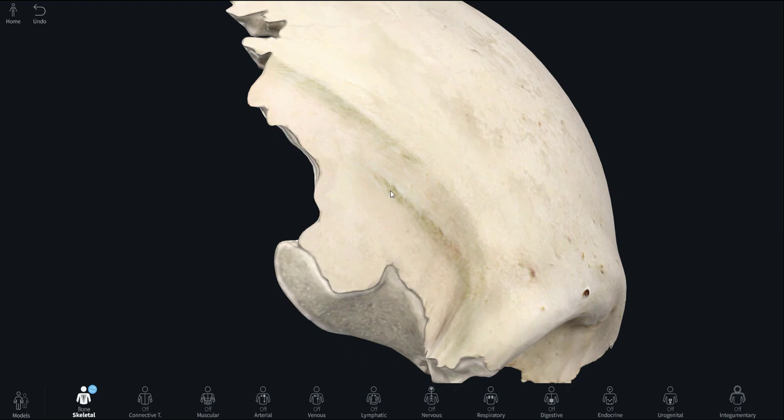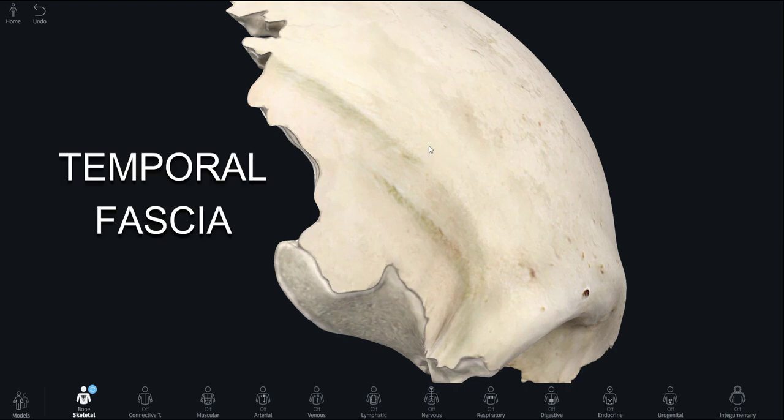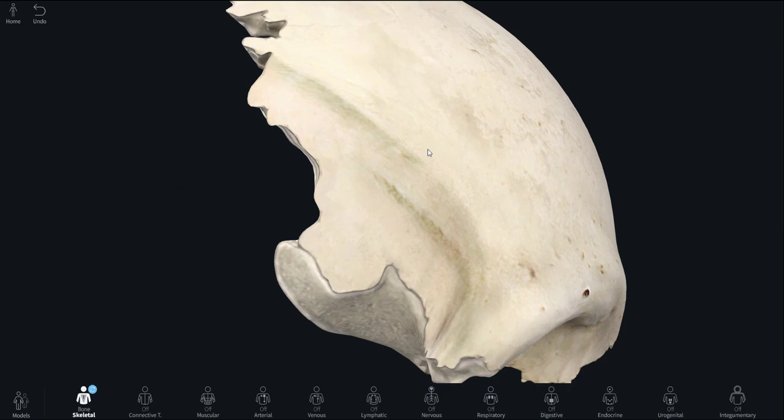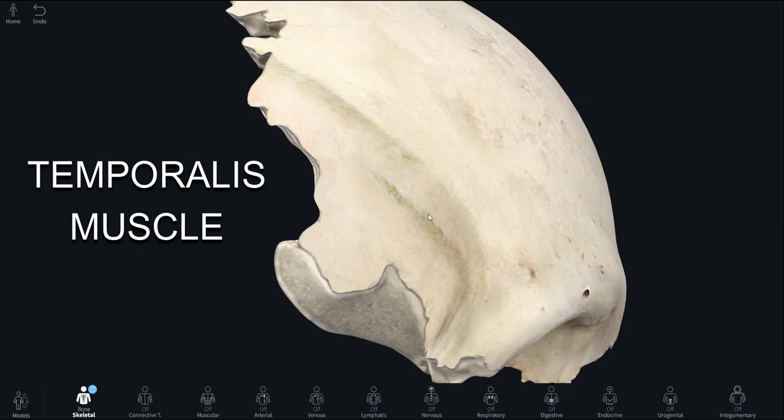Now, as far as the importance of these lines is concerned, the superior temporal line is providing attachment to what we can call the temporal fascia, whereas the inferior temporal line is providing attachment to the temporalis muscle.